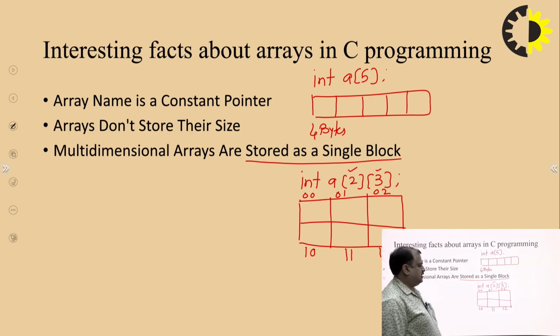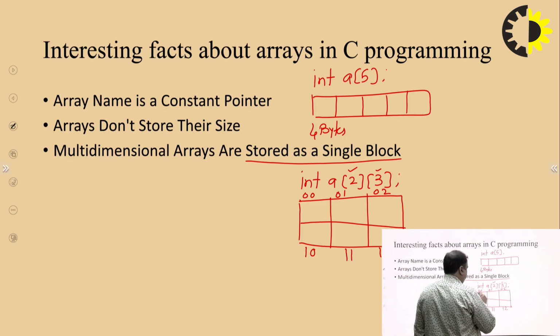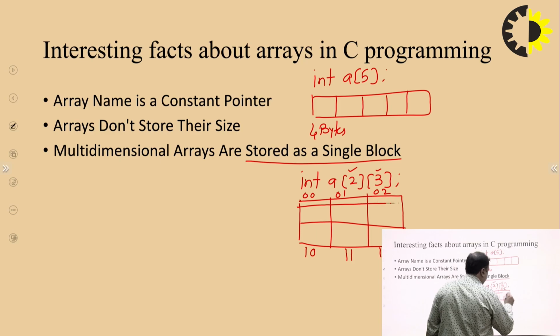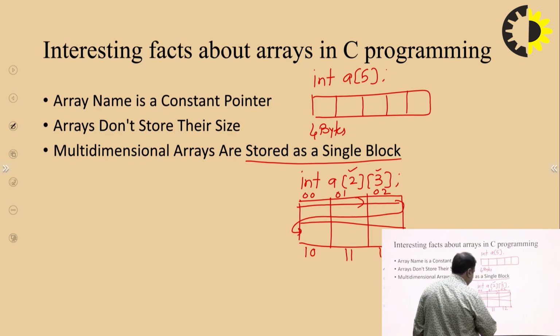What will happen is, we can think of a rope, going this way, and then again continuing like this.